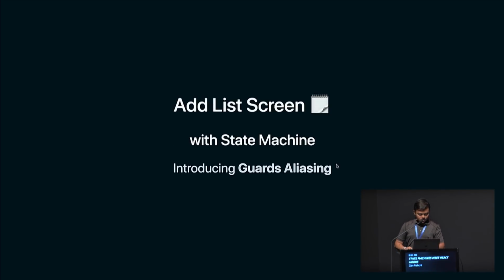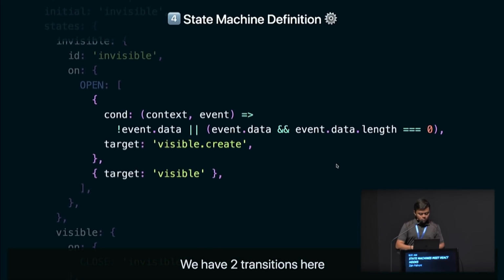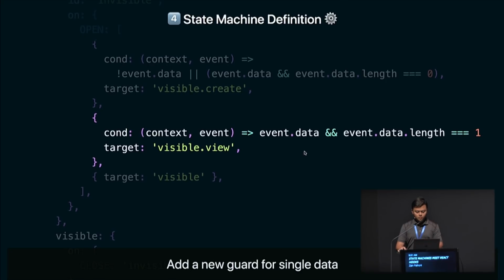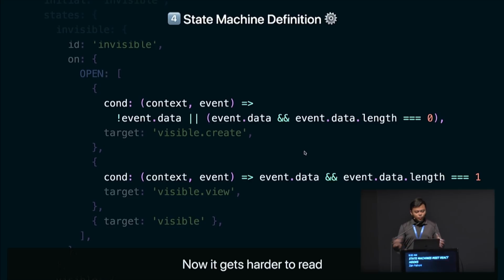So in state machines, we can do it the old way. We can do it the same way that we did before. Just add another guard and another state to go. But then it's getting harder to read, right? What's the point of using a state machine if it's still hard to read?